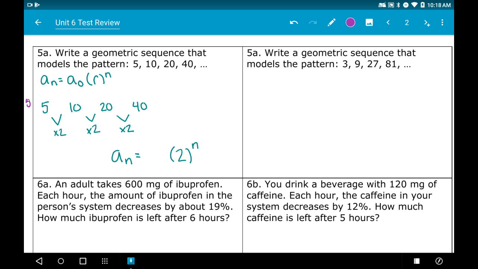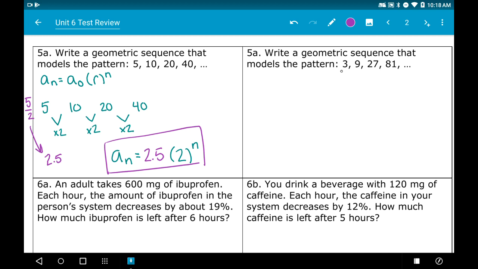So then we just have 5 divided by 2. If you put that in your calculator, it should give you 2.5. So 2.5 would be our initial value here. And that would be the equation that represents this pattern.